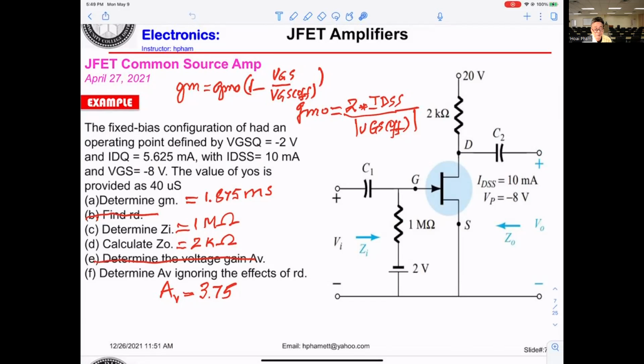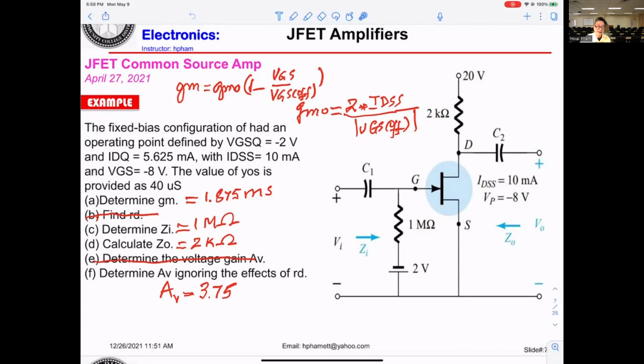Normally, the data sheet of the JFET will give you the value of gm0. If it's not, you can calculate gm0 by 2 times IDSS divided by the absolute value of VGS off. The thing is, you cannot get a negative gm0.